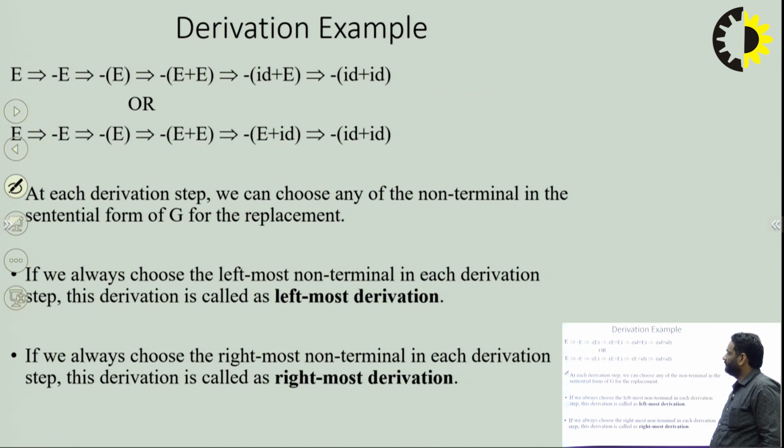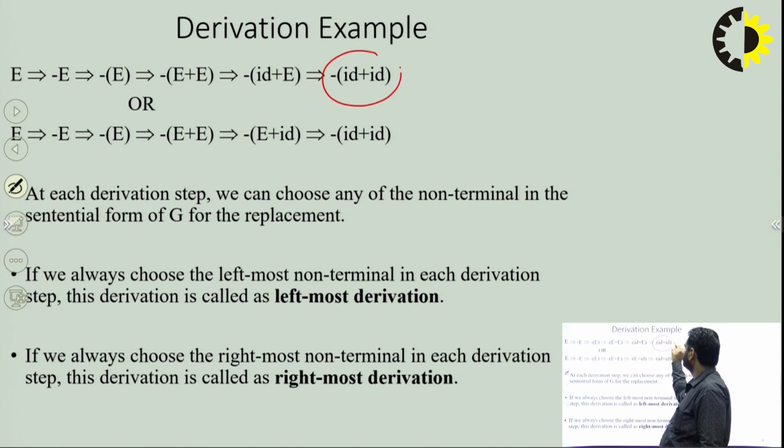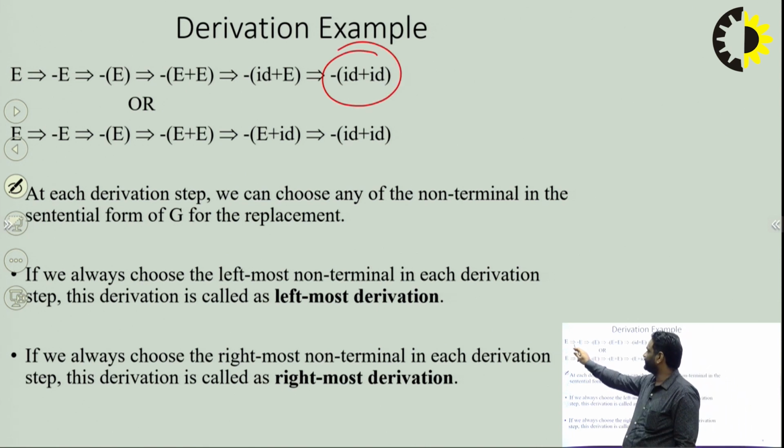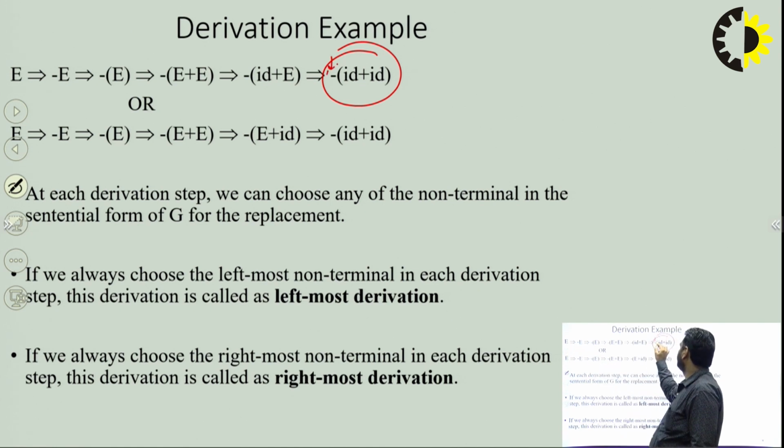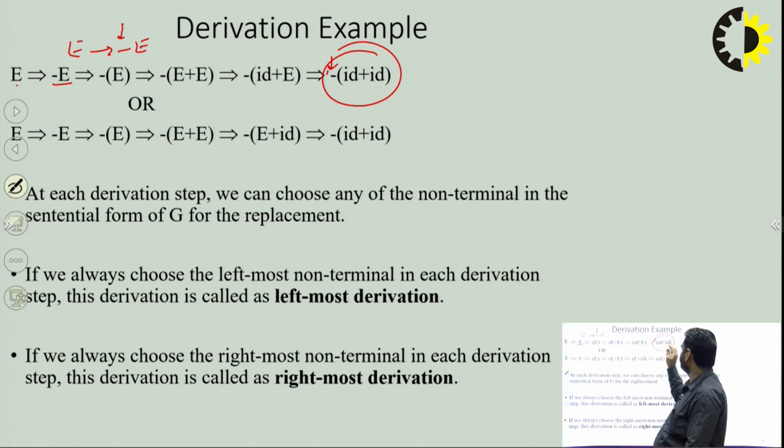Derivation example, we have a number of examples. Suppose this is our required string. Starting with the start symbol, first is minus, so we utilize a production that tells E gives minus E. The first symbol matches the given string, minus.